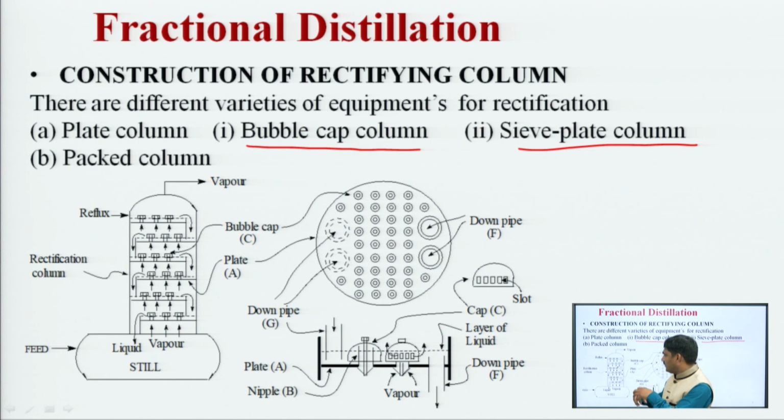So, by mistake some amount of more volatile component which is coming along with the liquid is taken out by vapors and again sent back to the condenser. In this way some mistake is rectified in this column, that is why it is also called rectification.